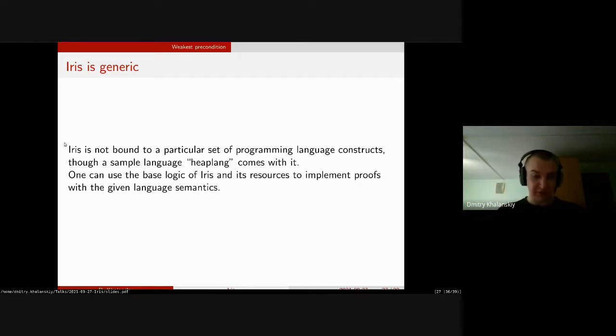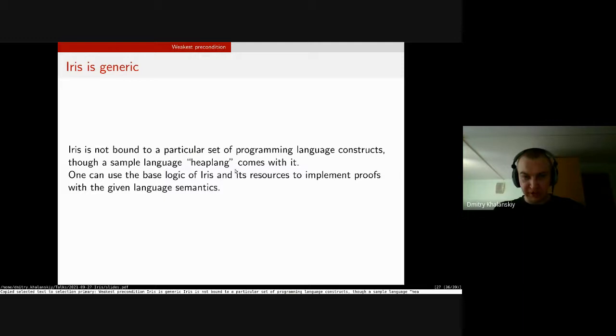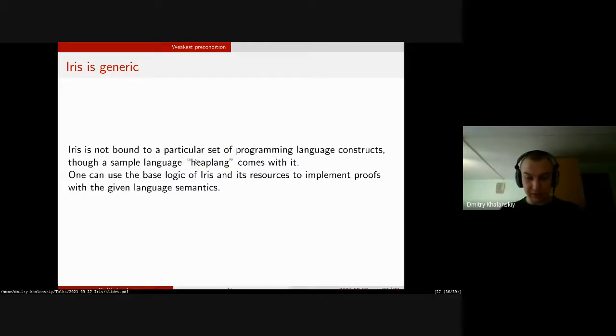Because Iris, as the title of the slide says, is generic, which means that Iris is a really simple, compact logic that doesn't actually encode anything about the languages that it works with. Iris does come with a sample language called HeapLang, and you would be hard-pressed in practice to find any proofs involving Iris that were not done with HeapLang.